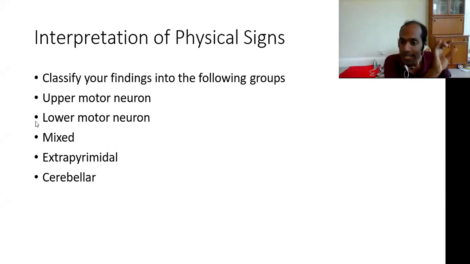The second point is specific to your upper motor neuron syndromes. They have a very specific pattern of weakness, and try to find out the basis for that. So what is this pattern of weakness that I am talking about? In the lower limbs, flexors are weaker than extensors. Please write that down. In an upper motor neuron syndrome, in the lower limbs, flexors are weaker than extensors.